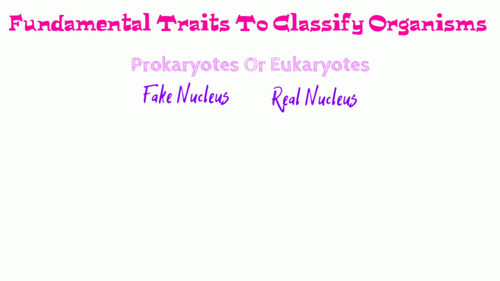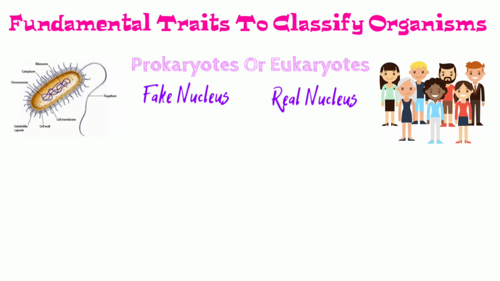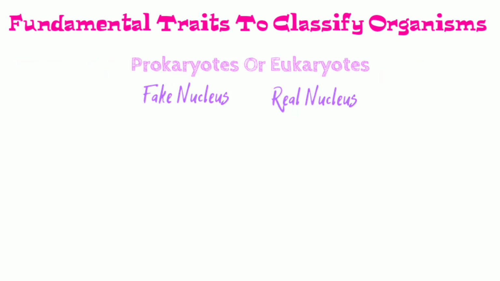By the way, the nucleus is the part of the cell where all the information is stored. And eukaryotes are those organisms which do have a real nucleus in their cells. Now you might think, if there is no nucleus, there is no information, so how does a prokaryote work? And the answer to that is with the help of the nucleoid.